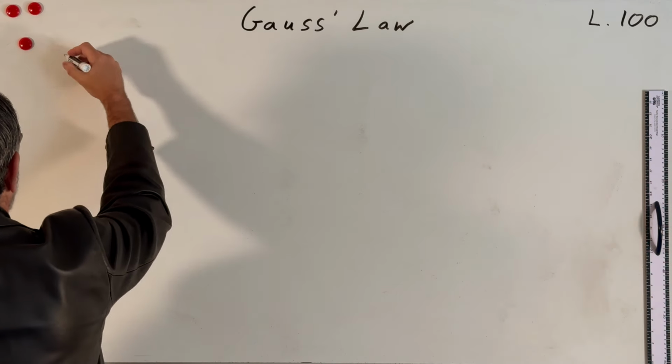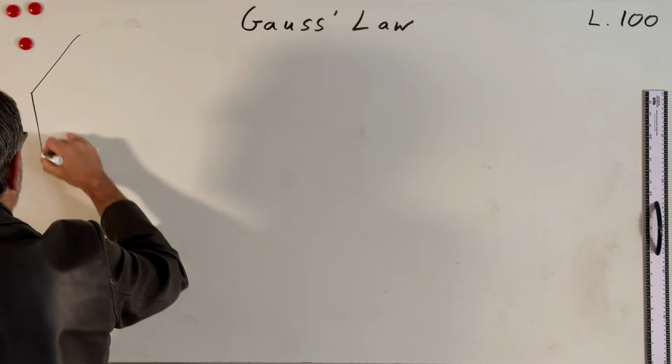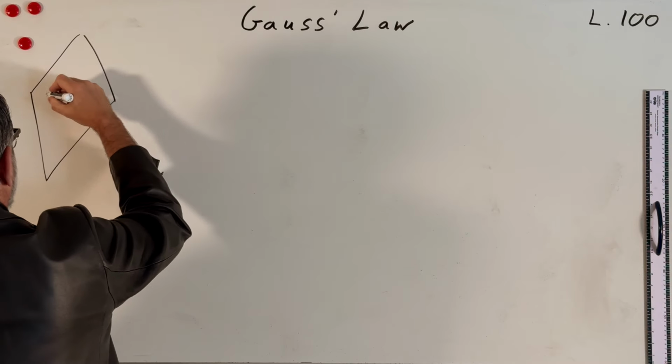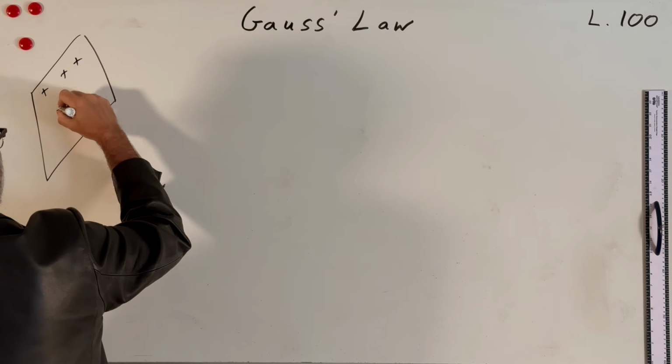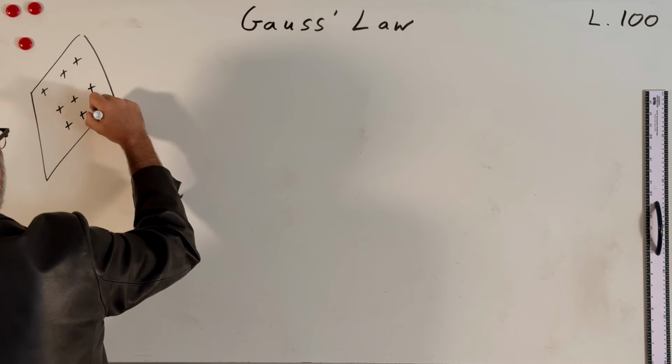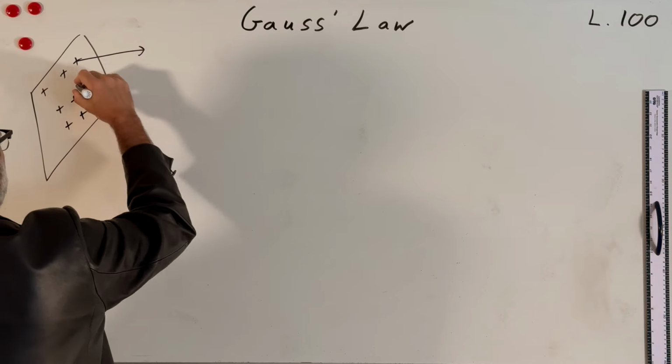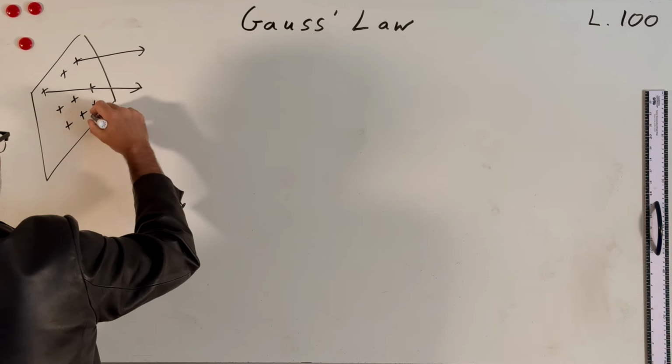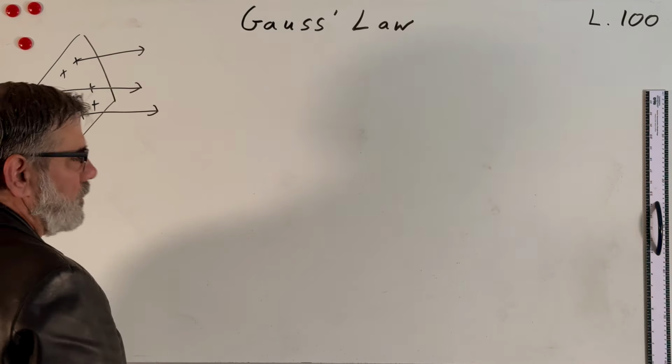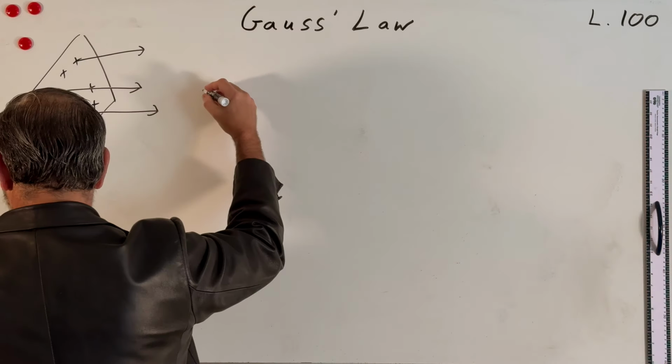So imagine that we have an infinite sheet of charge that generates a nice uniform electric field, and I put some surface out here.